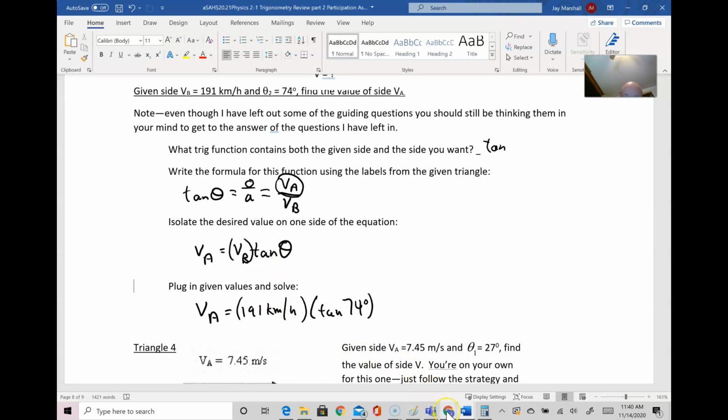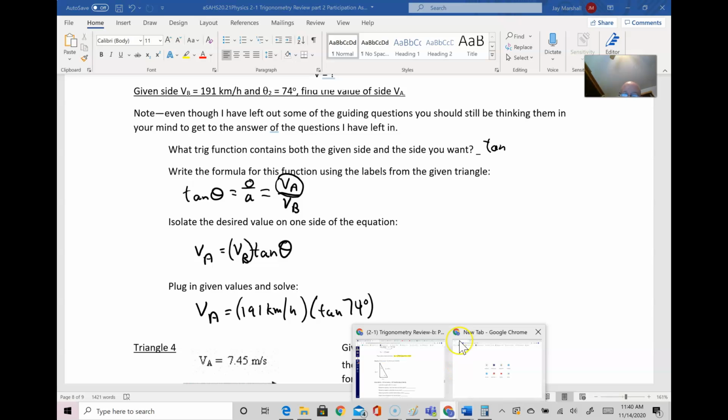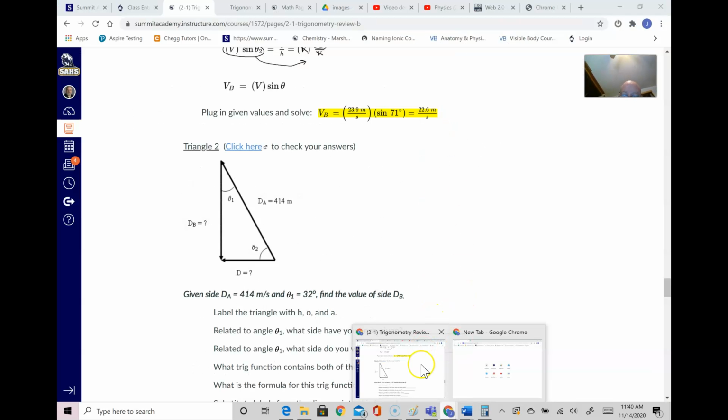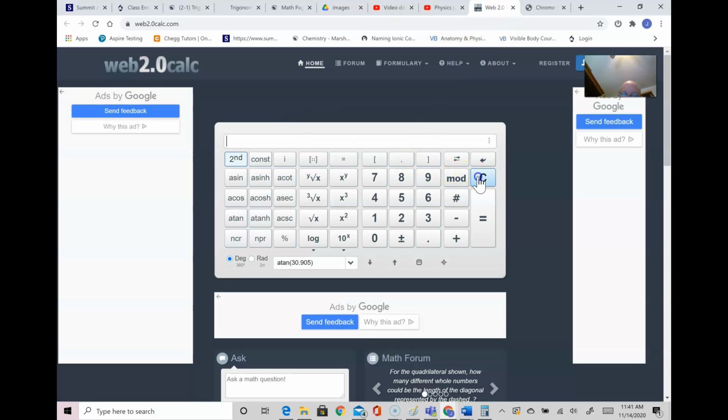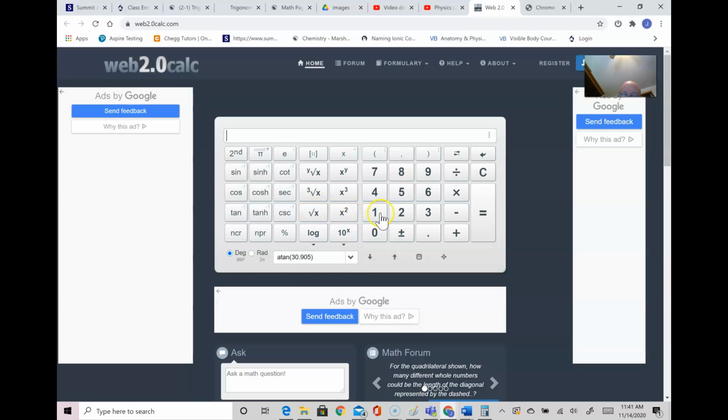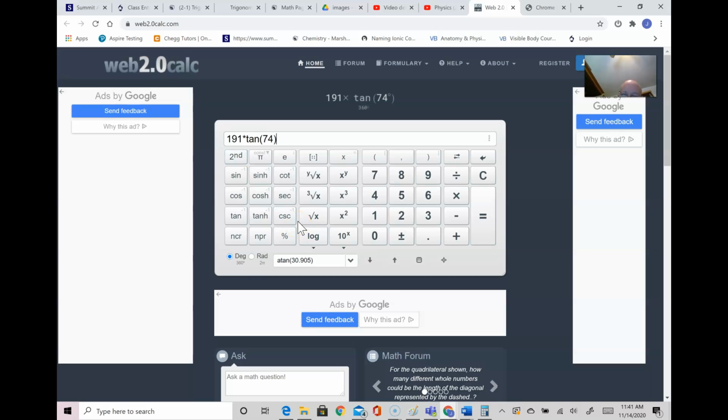Let's actually use the calculator for this one. So my value was 191 kilometers per hour times, now I want the tangent of 74 degrees, say equals, except I can't type that in, I just have to hit equals, 666.